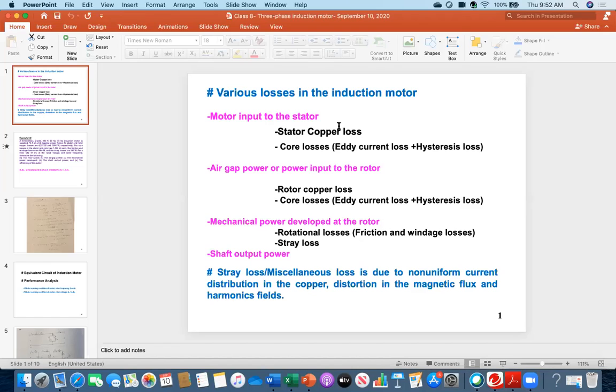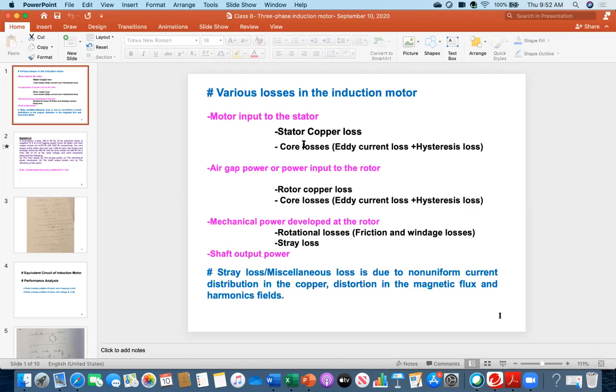And then the stator will have core losses as well. You remember that in the case of a transformer, I mentioned that core loss means eddy current loss plus hysteresis loss. This comes from the stator material, the stator body. So once you apply the electrical input to the stator, you have to subtract two losses: one is stator copper loss, the other is core loss.